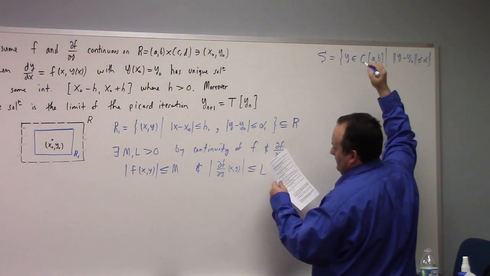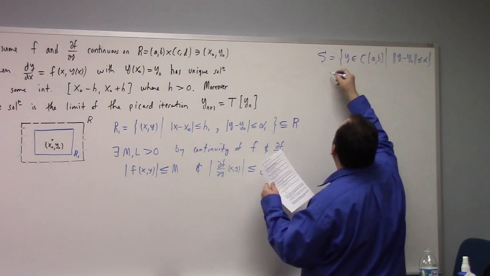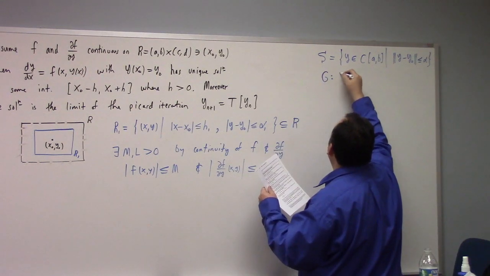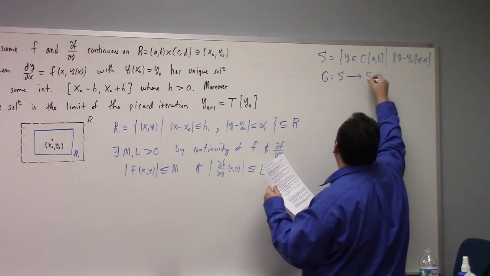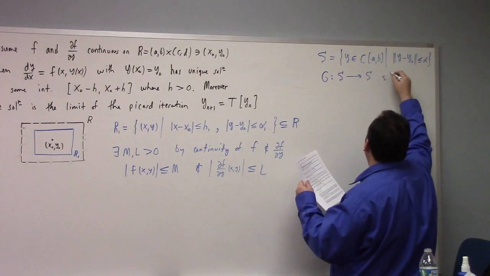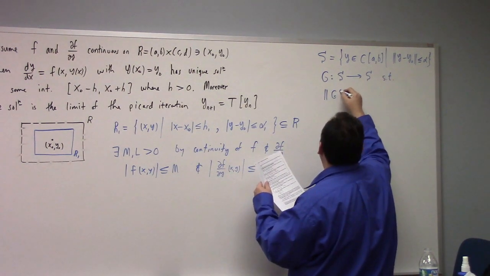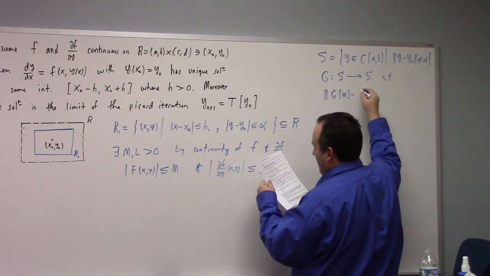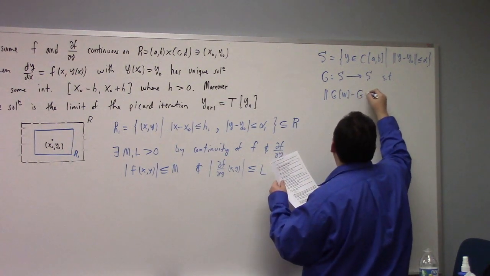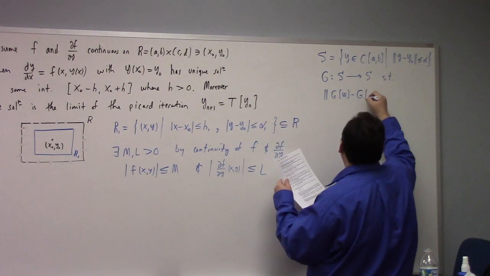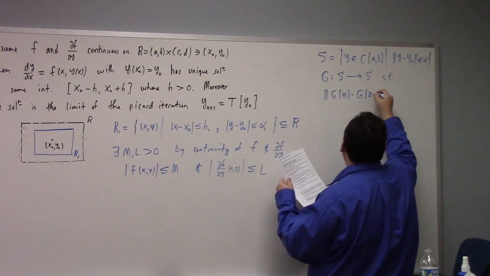then he looks at G as a mapping from S into S, such that, you know, the operator norm of G. Well, I guess this isn't the operator norm. My bad. This is just G of W is a function. G of Z is a function.